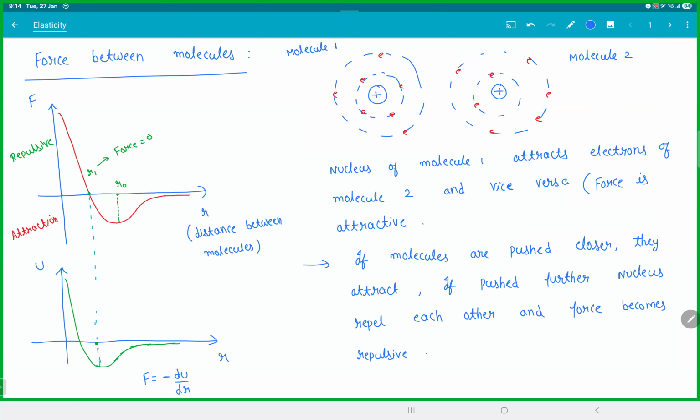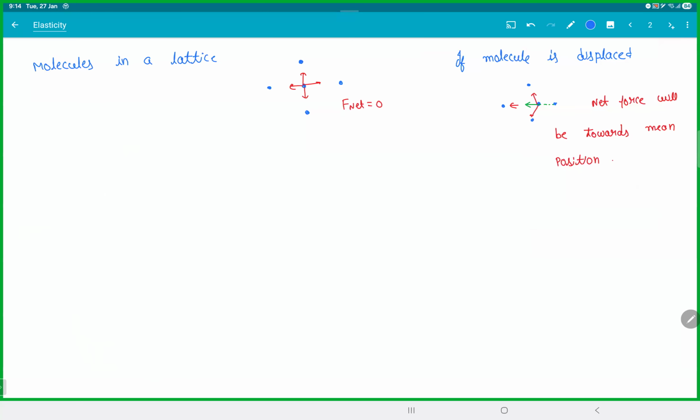Any doubts on the story so far? Just get that context of what is happening. If you are far, you'll attract. If you get too close, you will repel. So there's a particular point they want to be. When a body is deformed, meaning elongation or compression, internal restoring forces are generated.